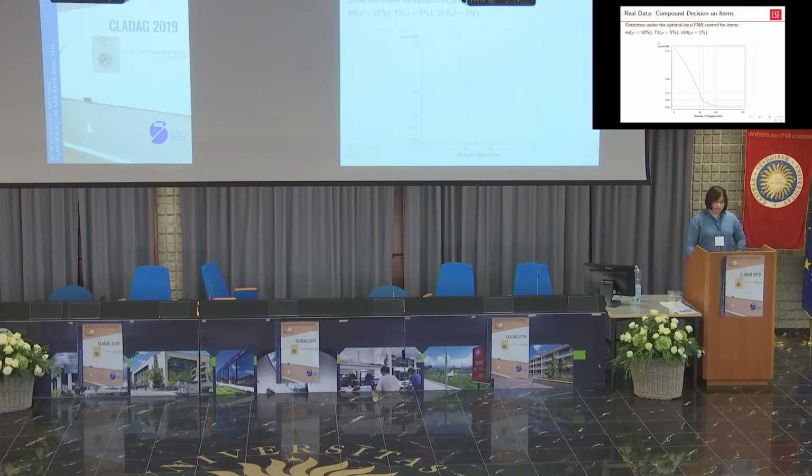So it's a decreasing curve, and at 10% level, there are 64 items detected as compromised, and at 5%, there are 72 questions detected as compromised, and this one will be less conservative, and it will be over 100.